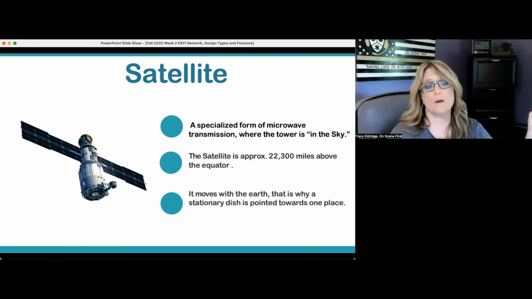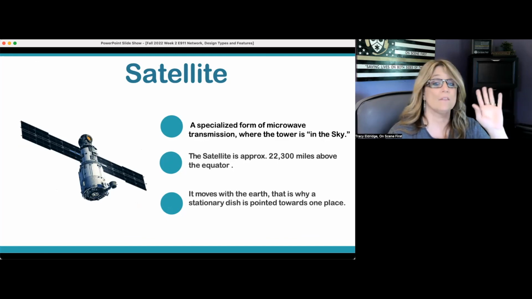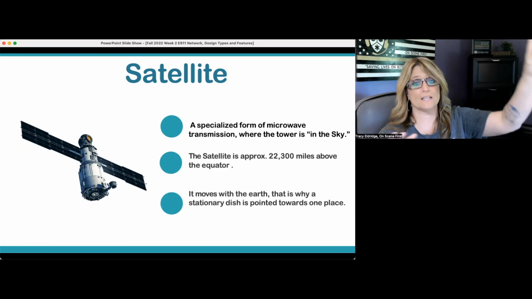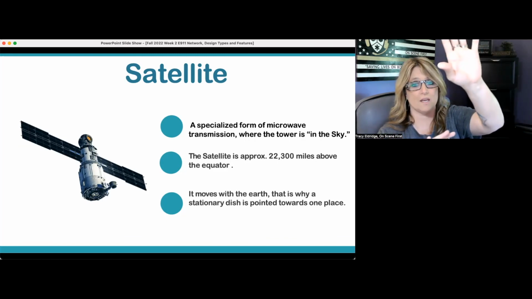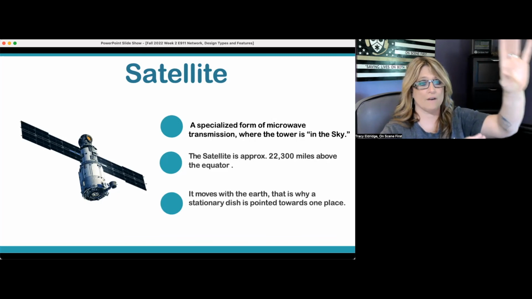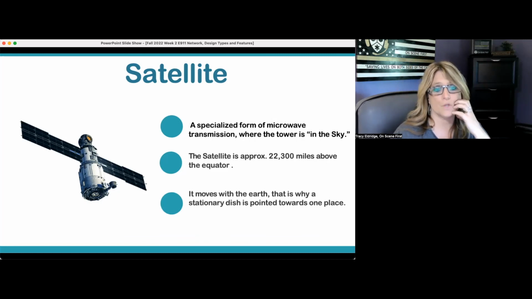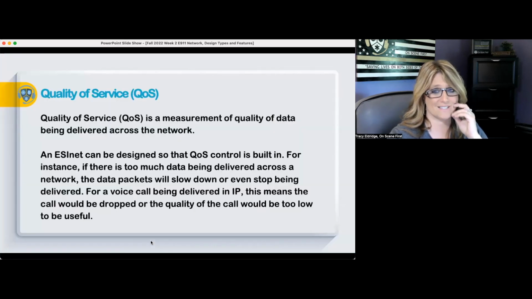The satellite is approximately 22,300 miles above the equator. And the reason why it is there is because as it's moving and the world's moving, it's almost like it's stationary, right? Like they're moving together. It moves with the earth. Okay. So that's important to know about satellite.